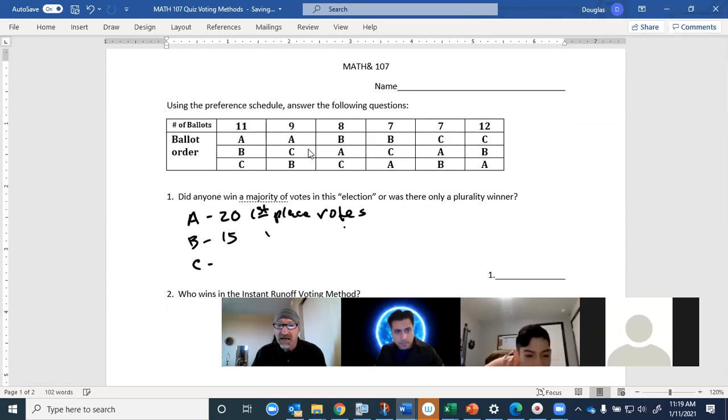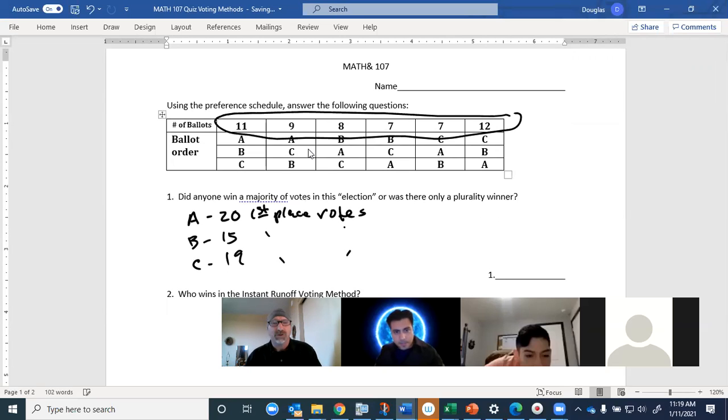And C got 19. Now, if you add these up, you'll know how many votes there were total. So 11 and 9 is 20, 8 and 7 is 15, that makes 35, and 7 is 42, and 12 is 54. There are 54 ballots, right?